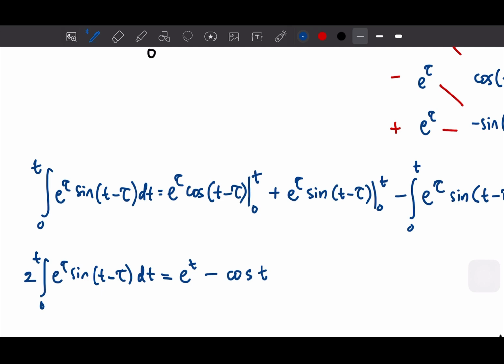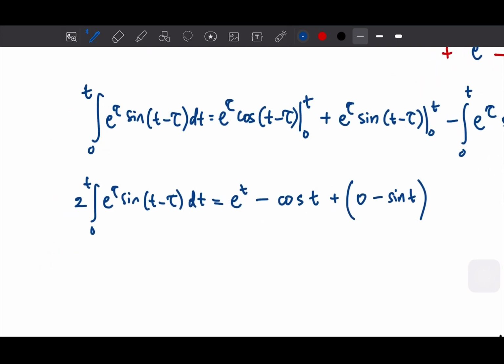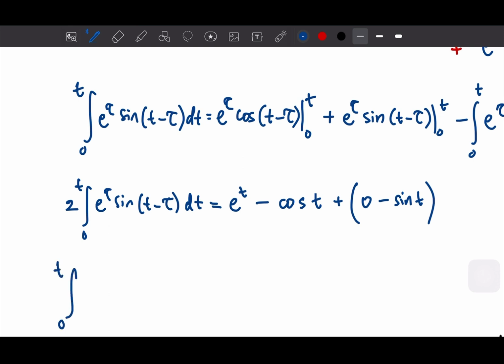And then plus 0 minus sine t, right? Yeah, I think this is correct. So this part is half of all of this.